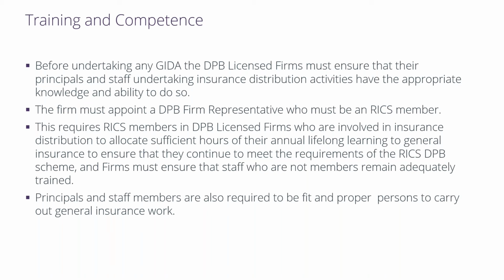This requires RICS members in DPB licensed firms who are involved in insurance distribution to allocate sufficient hours of their annual lifelong learning to general insurance to ensure that they continue to meet the requirements of the RICS DPB scheme, and firms must ensure that staff who are not members of the RICS but undertake insurance works remain adequately trained. Principals and staff members are also required to be fit and proper persons to carry out general insurance works.